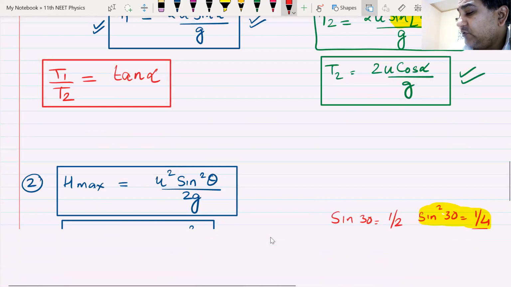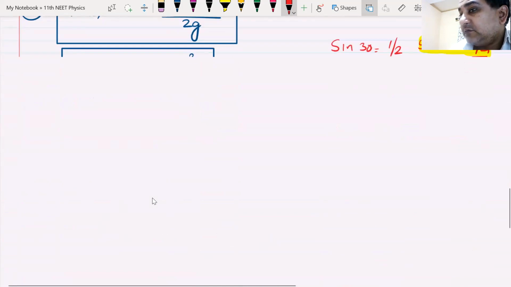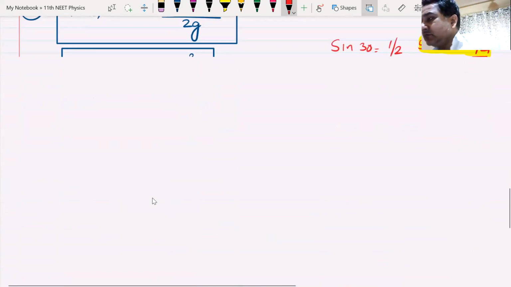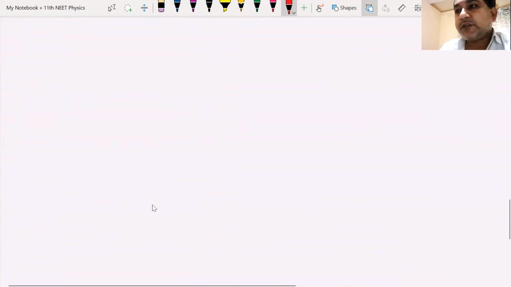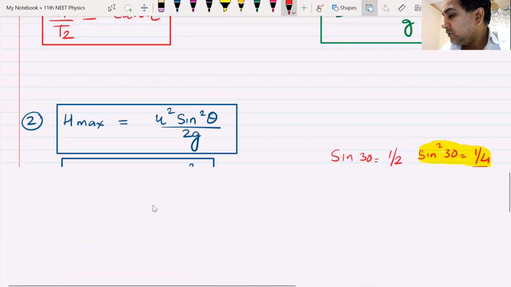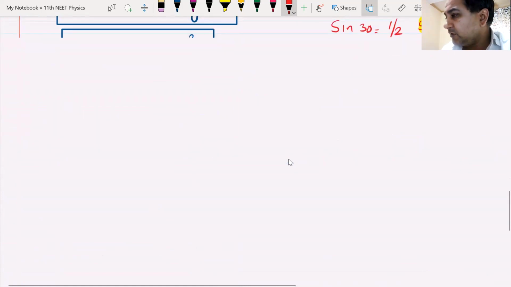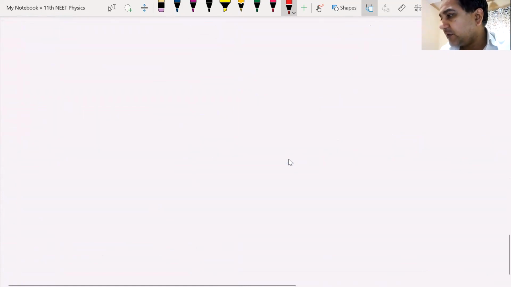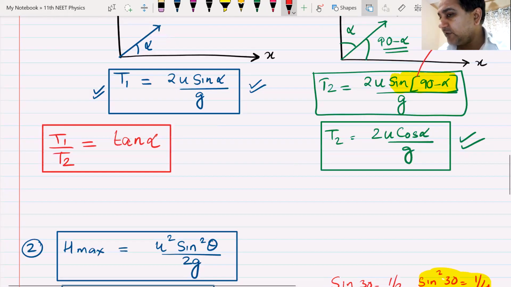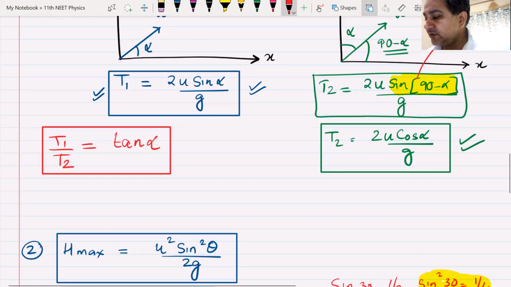2 times u square. What happened here? Where did it go? Something happened here. Where did everything go?